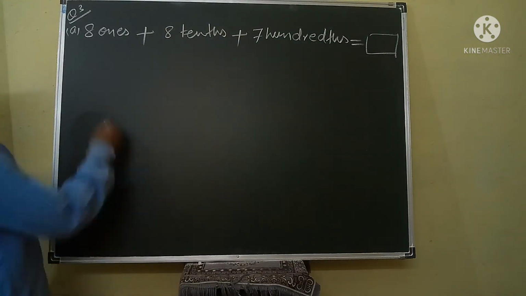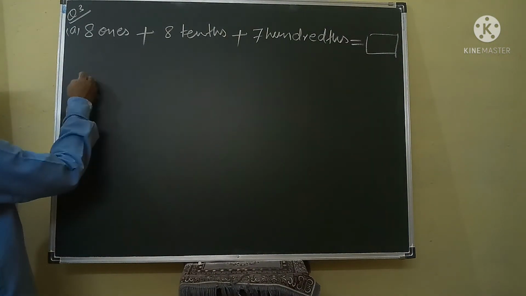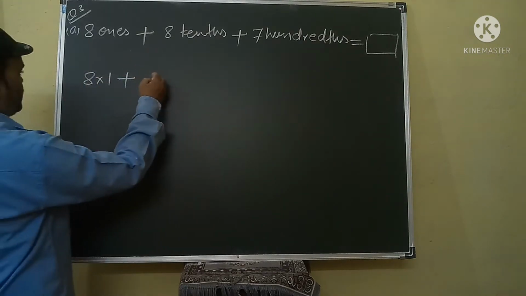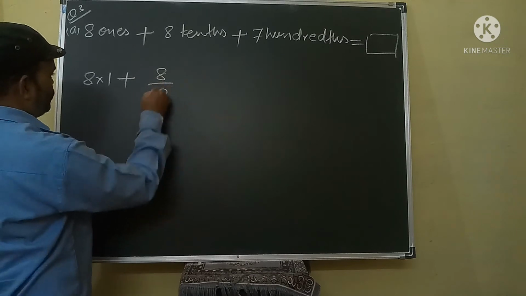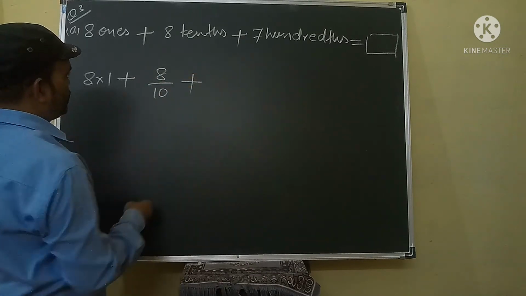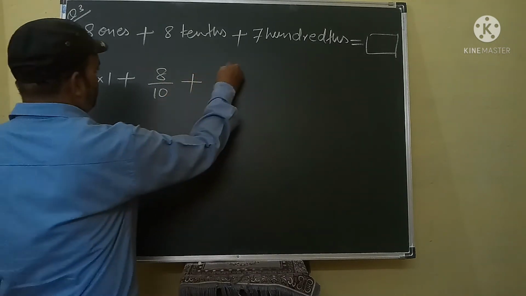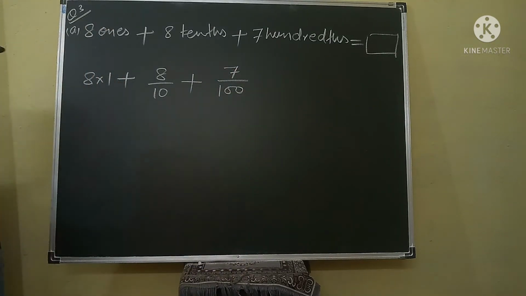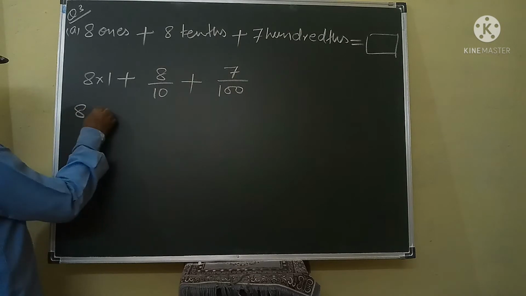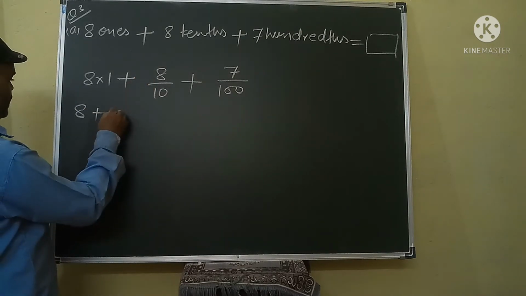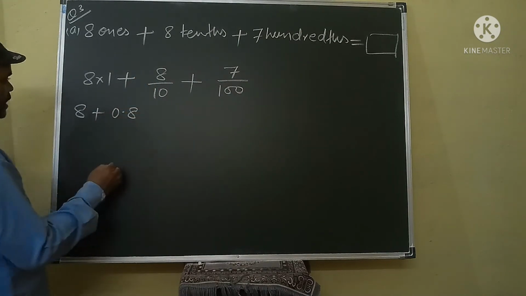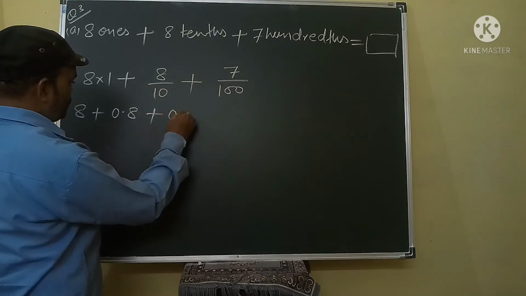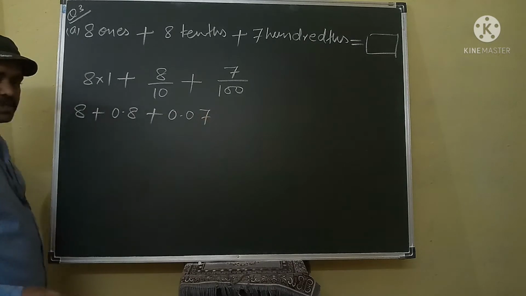You know very well, 8 ones means 8 into 1, plus 8 tenths means 8 upon 10, plus 7 hundredths means 7 upon 100. Okay, 8 ones is 8, plus 8 upon 10 means 0.8, plus 7 upon 100 means 0.07.